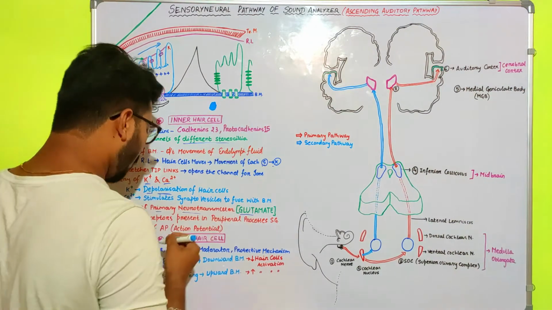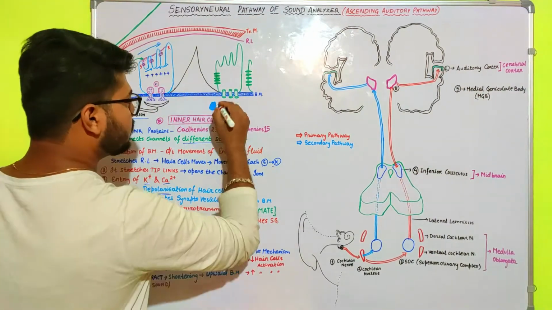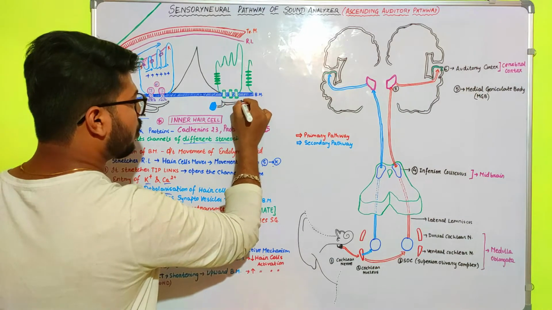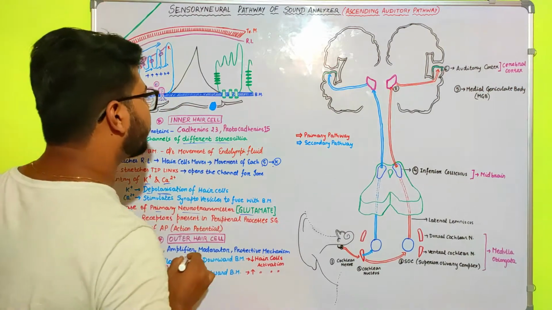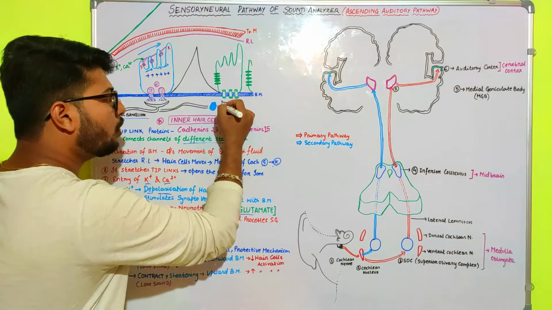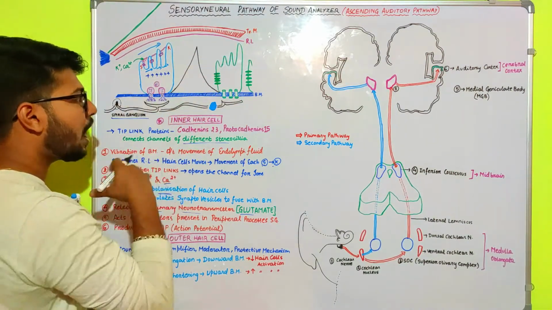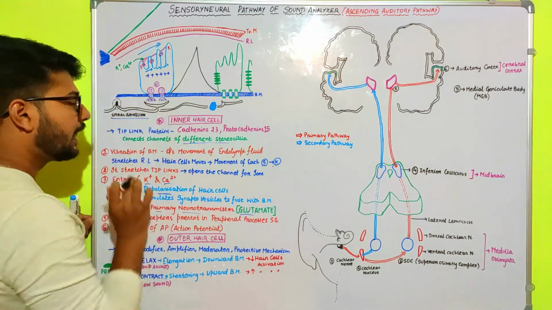Okay, there is an olivocochlear bundle just before the receptors connecting to the spiral ganglion. So this olivocochlear bundle is going to send more information about the actual sound analyzer, how the sound is going to be received by this inner hair cell.